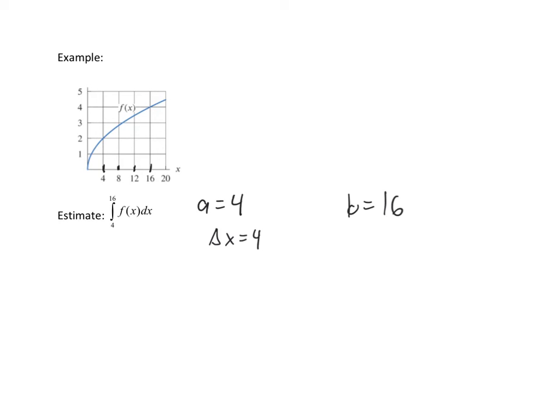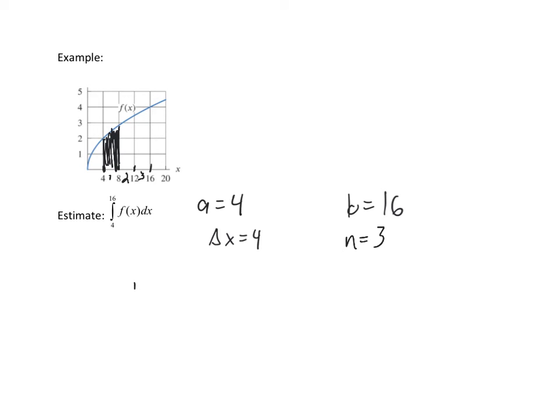And my number of subdivisions is I've got 1, 2, 3 subdivisions, so I'm going to use 3 subdivisions. And essentially what I'm trying to do first is guess, okay, what is this area here?